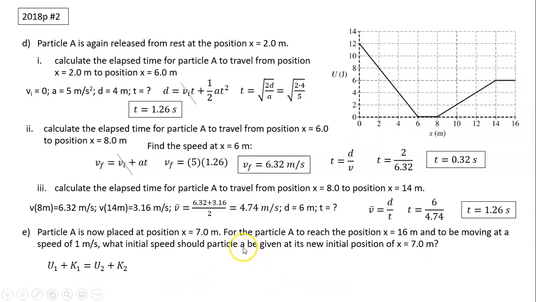By the way, this A should be a capital A. U1 equals 0, and K1 is the one we don't know, 1/2 times 0.4 times v squared. Over here the potential is 6, and its kinetic energy is 1/2 times 0.4 times 1 squared. From here we can solve for v. The speed it must have is 5.57 meters per second in order to reach this position with 1 meter per second.